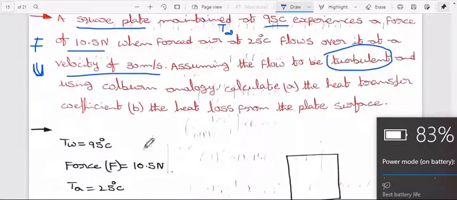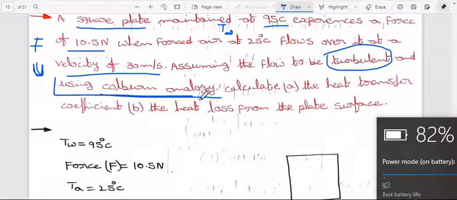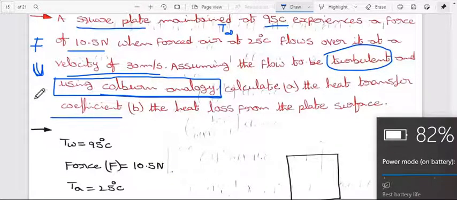External flow turbulent problem, using the Colburn analogy. The condition is mentioned. What formula should be taken? First calculate the heat transfer coefficient, that is the h value, and the heat loss from the plate surface, that is the Q value.